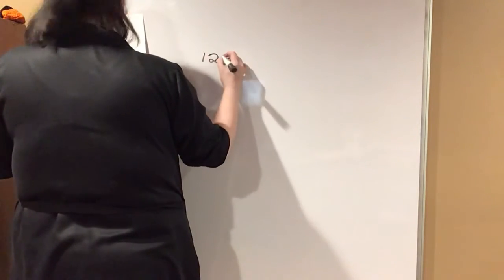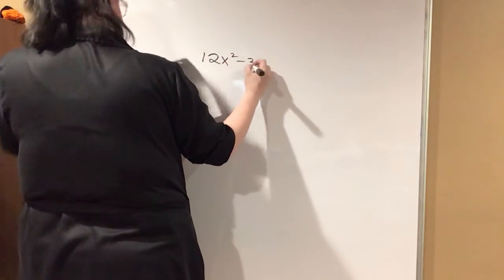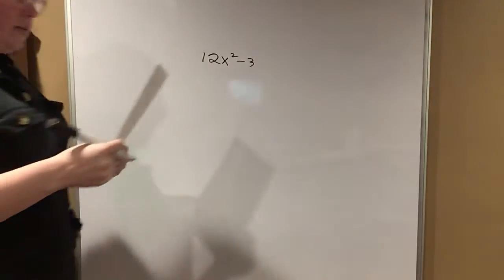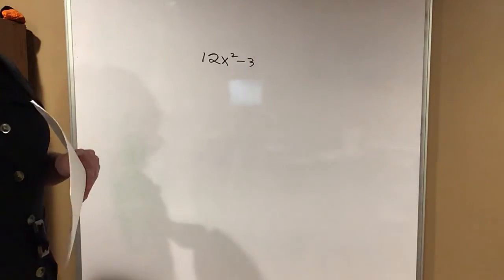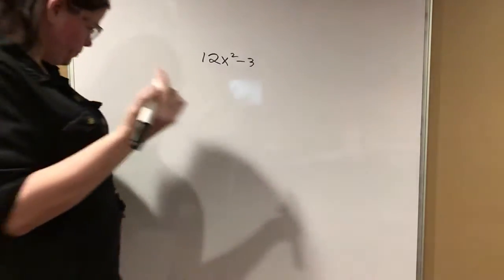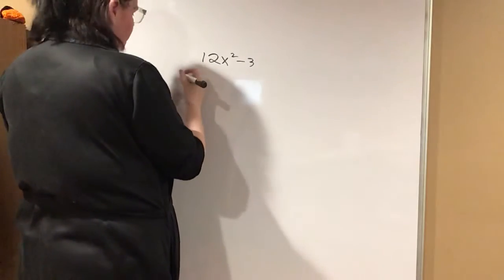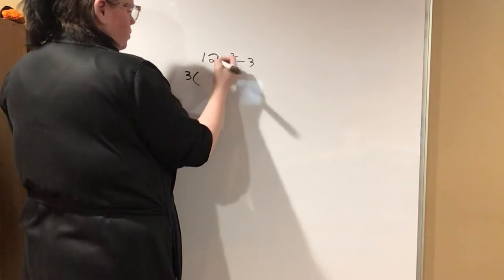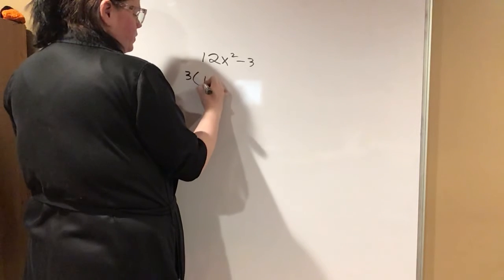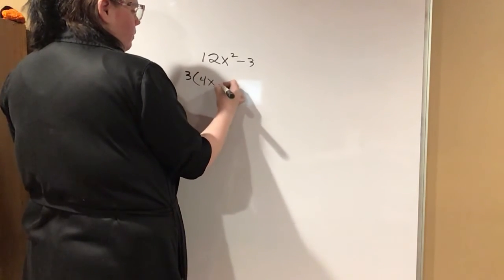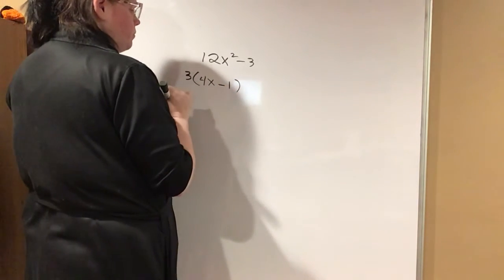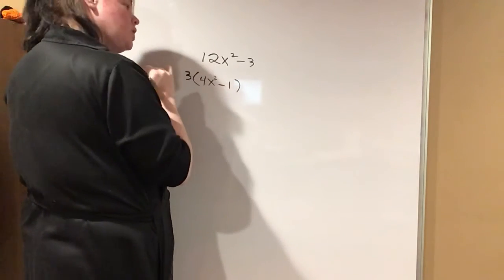So if we have 12x squared minus 3, we need to factor something out first. So I'm going to factor out a 3 first. 12x squared divided by 3 is 4x squared.